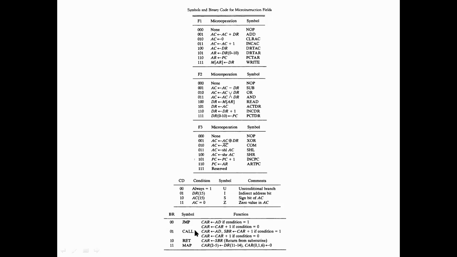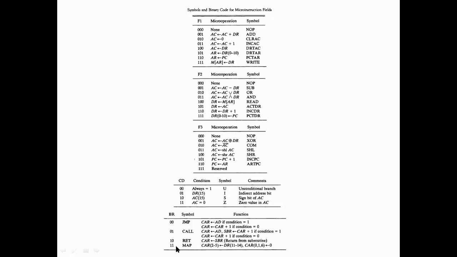And if it is 01, it means call a certain subroutine. When we call a subroutine, these operations are performed. Then if it is 10, it means return, we are returning from a subroutine, so we will take the return address, that is the next address.